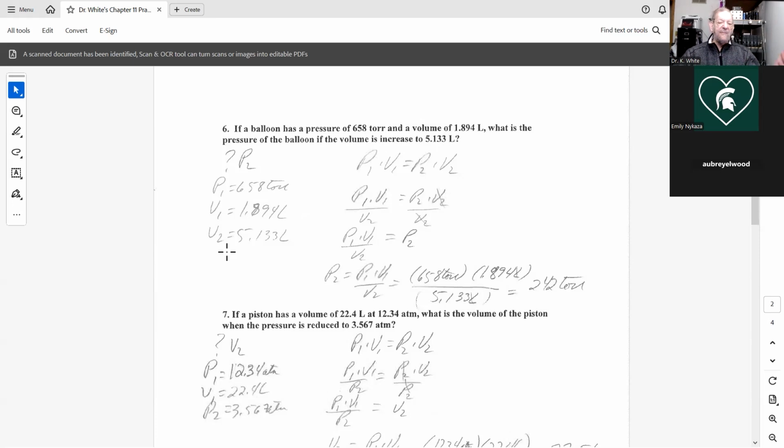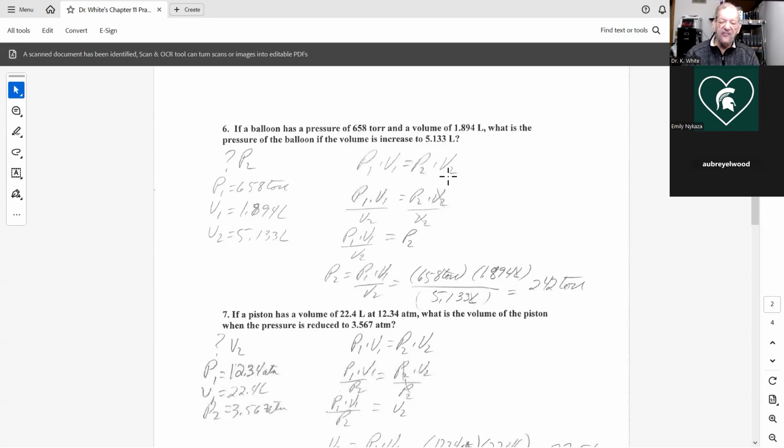And when you see a problem like this with only pressure and volume, then you know you need to use Boyle's law. P1 times V1 equals P2 times V2. Now, what are we trying to solve for? We want P2 alone on one side.